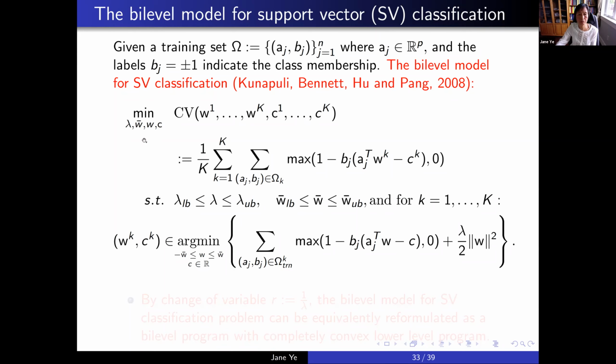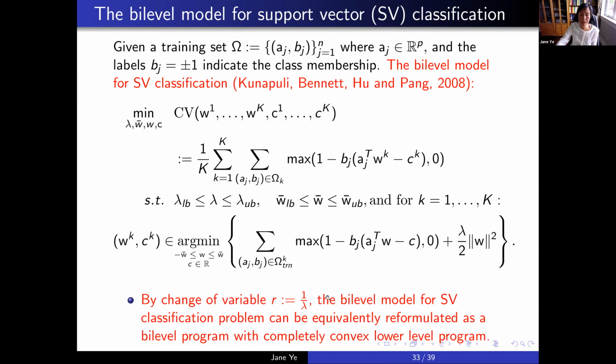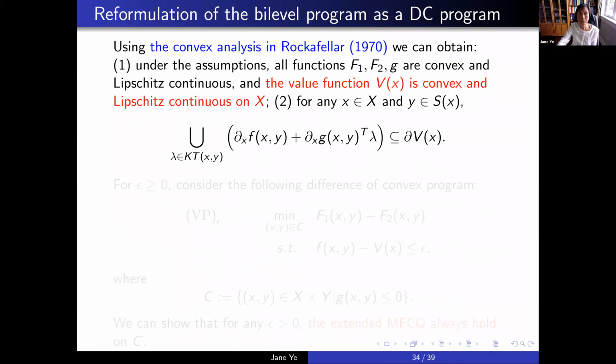Given these two parameters, you can do the SV classification to find WK, CK, and then we try to minimize the cross validation error, like in the Russell problem. Similarly, we can use a change of variable to change this lower level objective into a completely convex objective. So then we can use our algorithm.